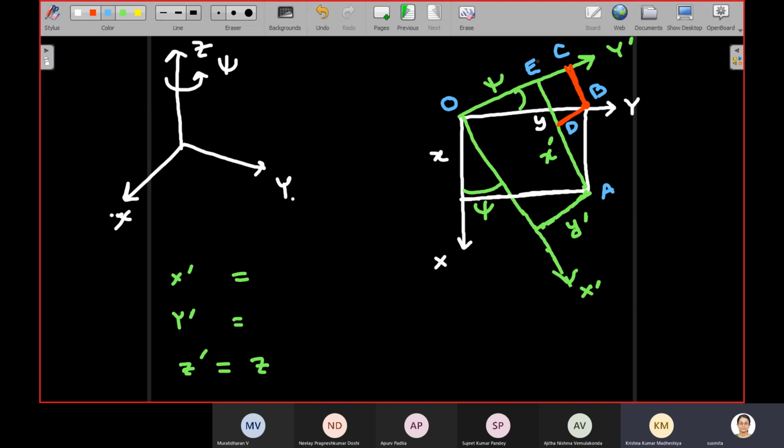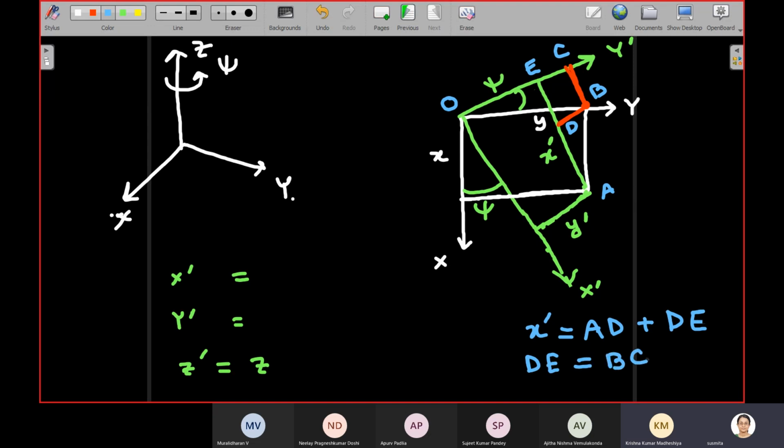What is ED? ED is equal to BC. So x prime is equal to AD plus DE, right? So DE is equal to BC.